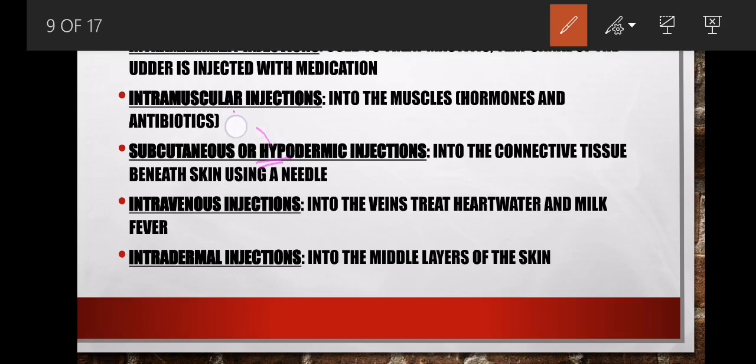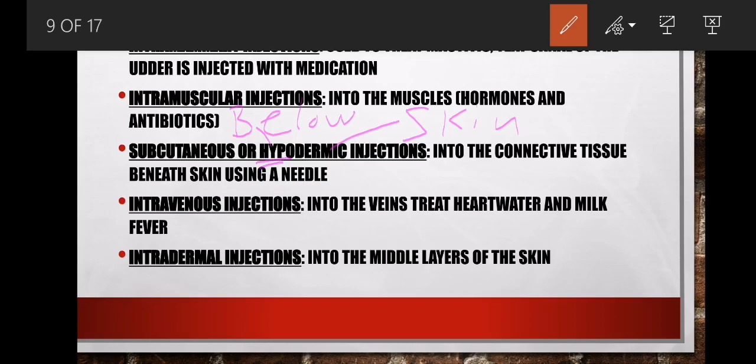Hypo simply means below. Then we have dermic. Dermic is taken from dermis, which simply means skin. So meaning, when we talk about hypodermic injection, it simply means below the skin.